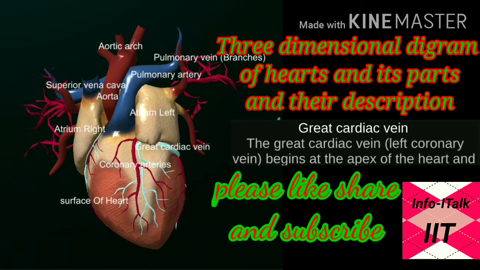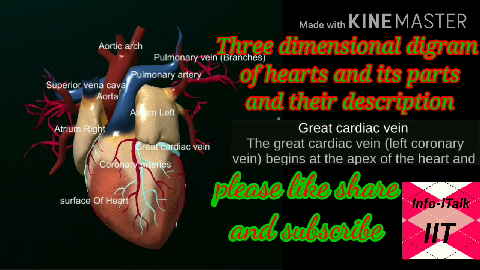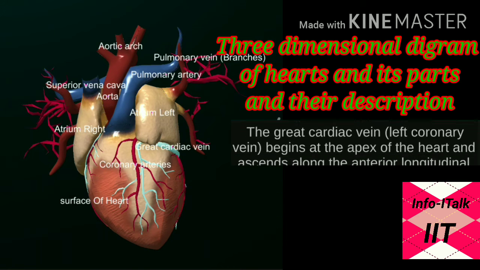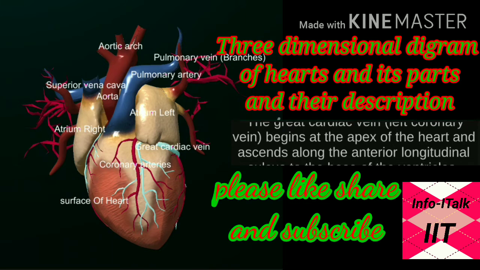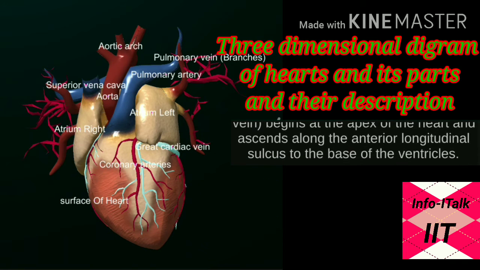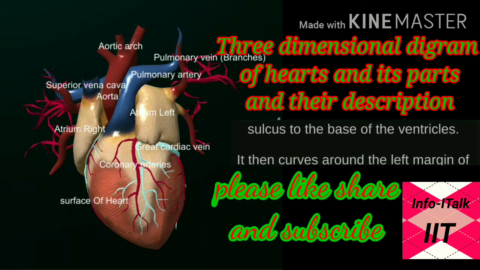The great cardiac vein, also called the left coronary vein, begins at the apex of the heart and ascends along the anterior longitudinal sulcus to the base of the ventricles.